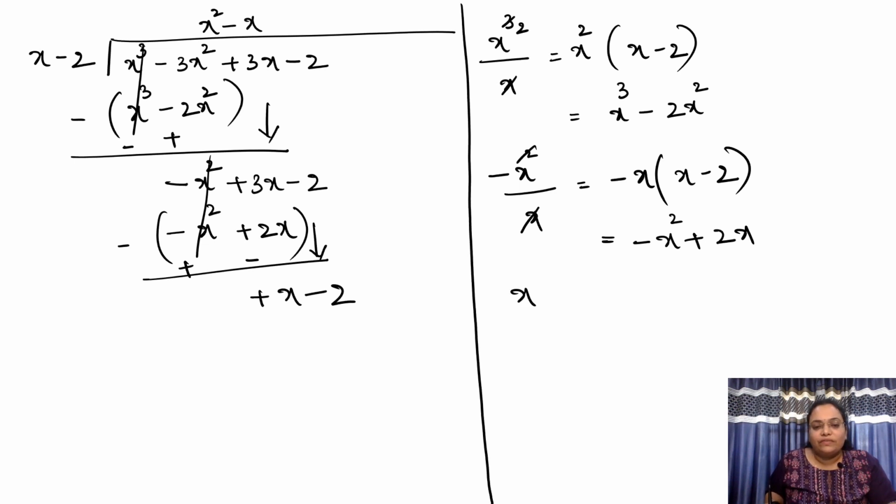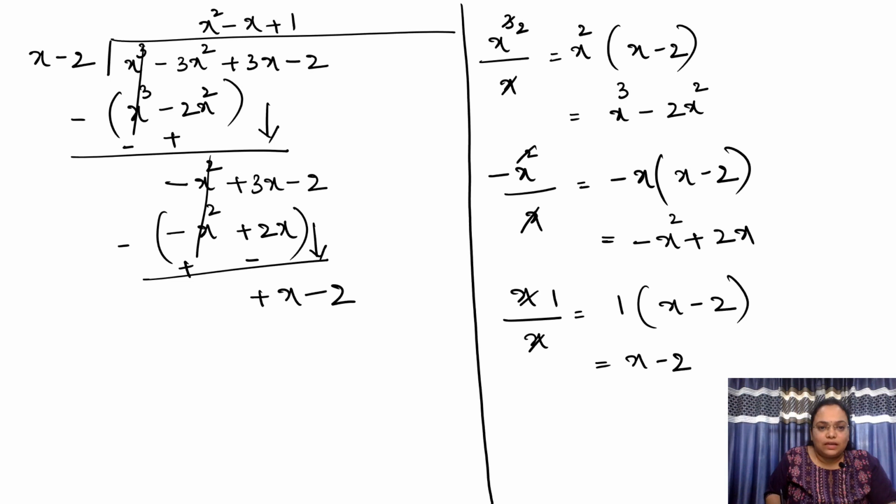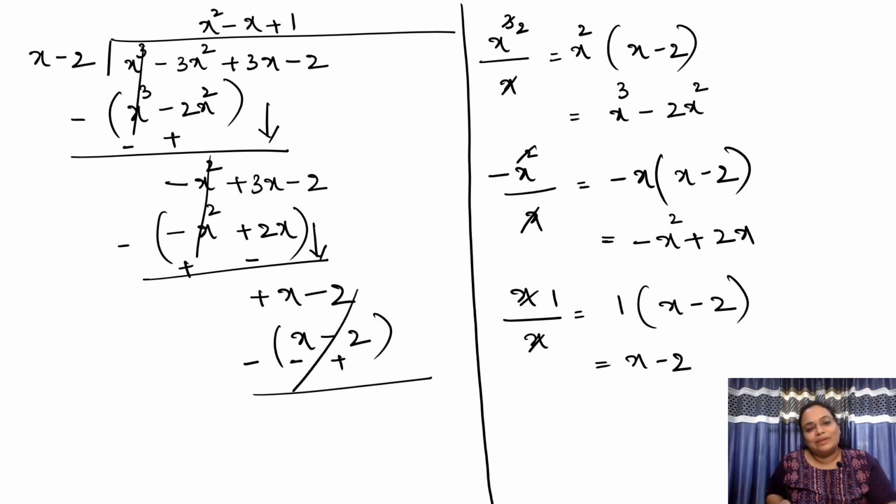Again, we need to divide the first term of this with the first term of this: x by x, which is 1. 1 multiplied by x - 2 gives x - 2. So +1 in the quotient and x - 2 here. When you change the signs and subtract, both the terms get cancelled.